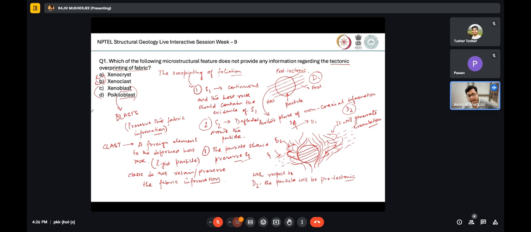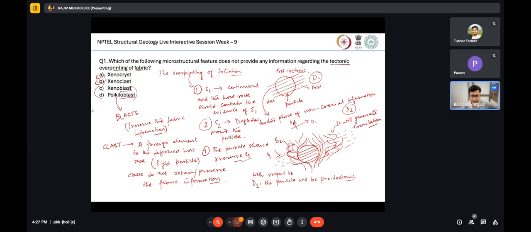Volcanic rock can have xenoclasts because, depending on the eruptive style of the volcanic magma, that is the lava, there can be differences in the size of the clasts contained within it.